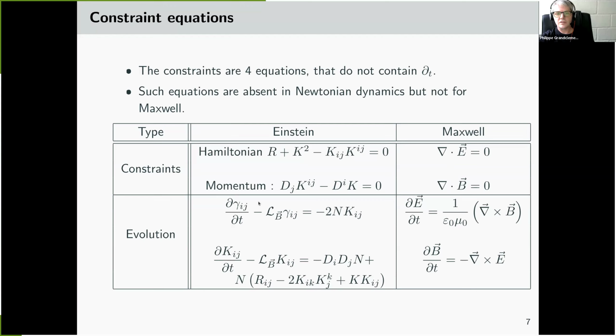The first one here is just a definition of the extrinsic curvature tensor, and the other one is the evolution equation. On top of that, you must add two equations that do not involve time derivatives, which are called the constraints. That's the Hamiltonian constraint and the momentum constraint. And you can do an analogy with Maxwell equations in that case.